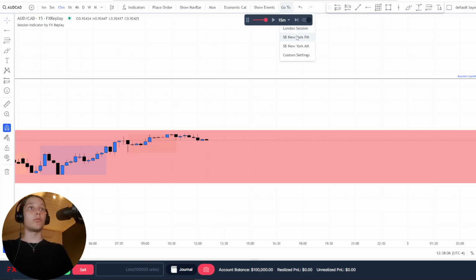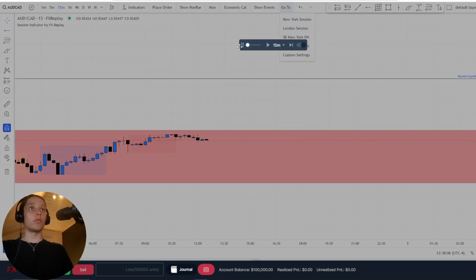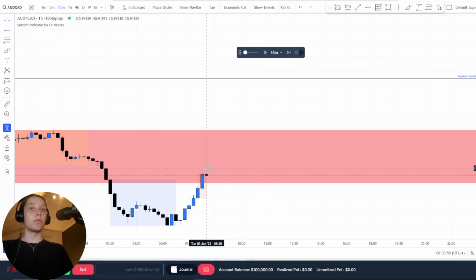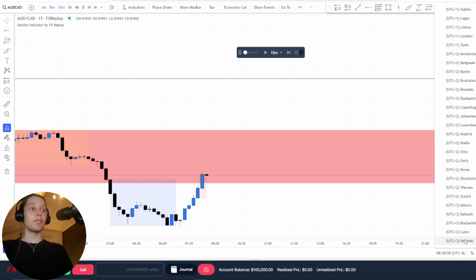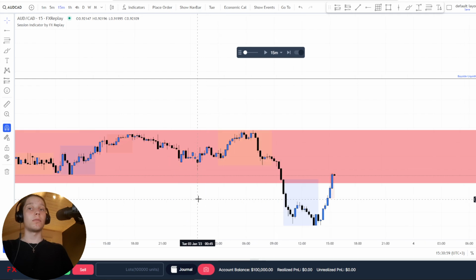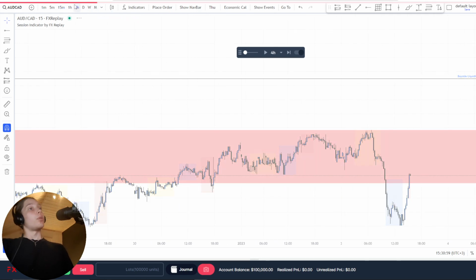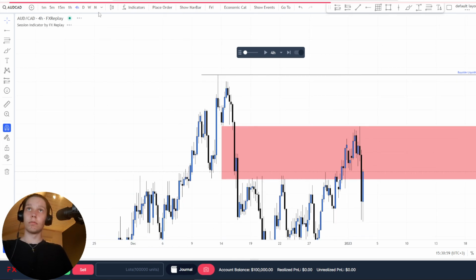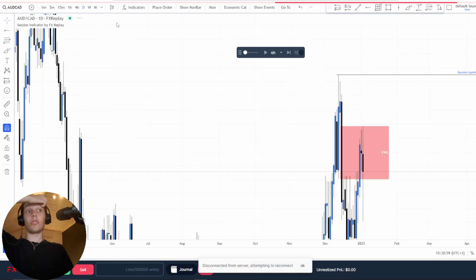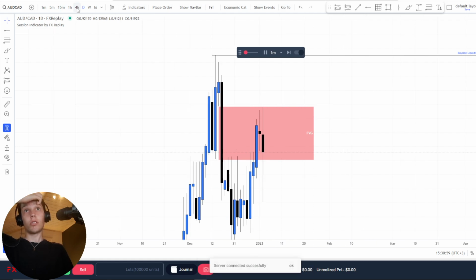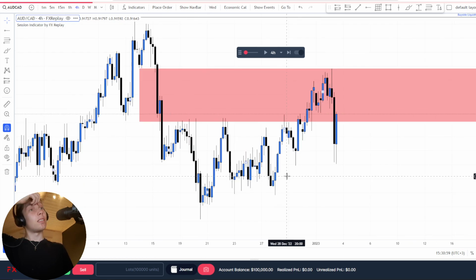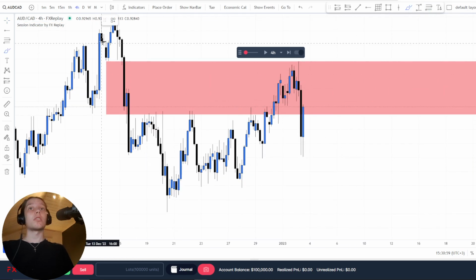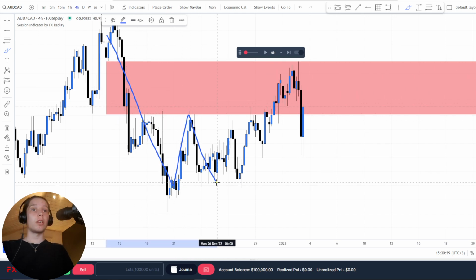Let's go to the New York session. I like to keep the chart in my time for some weird reason. Okay, so the daily gap actually holds. Doesn't necessarily mean much, but when you look at the momentum, it's a huge push, then we chop to the upside.